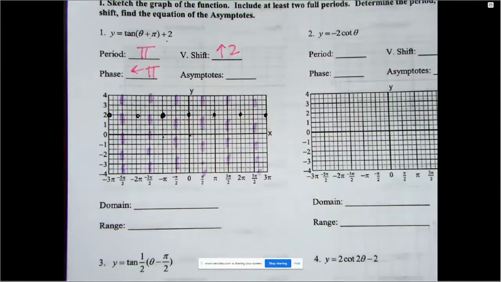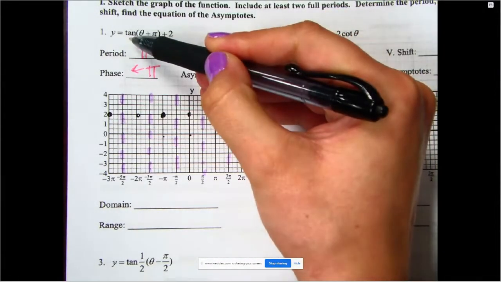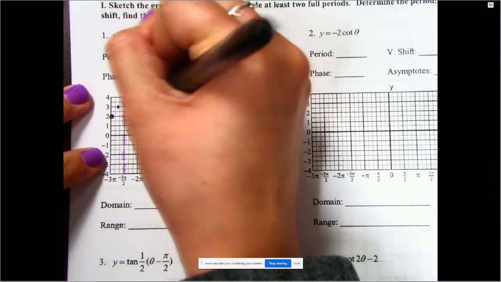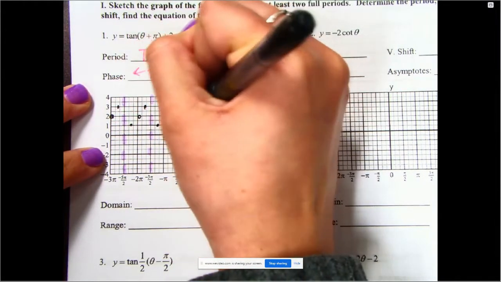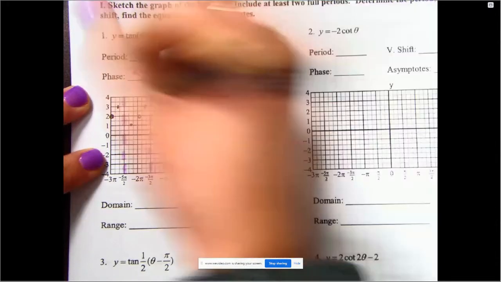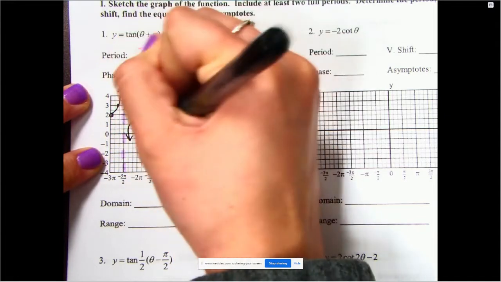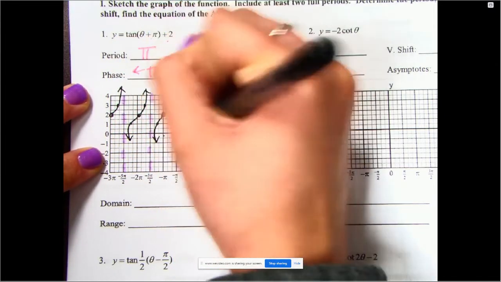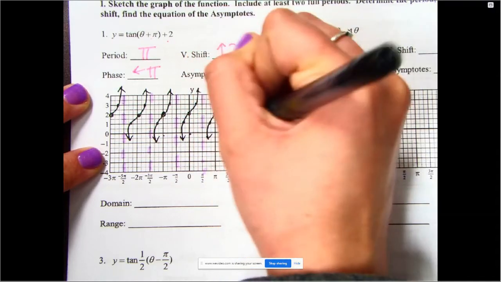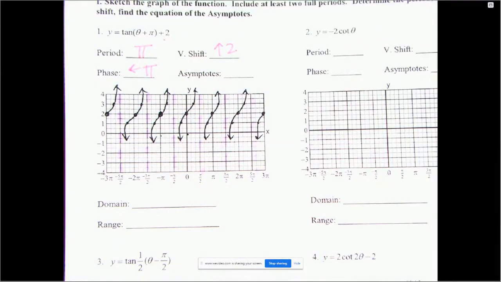This isn't negative, so I am going to be increasing still. And the amplitude is 1. So I'm going to go up 1 and down 1 on each side. Cool.